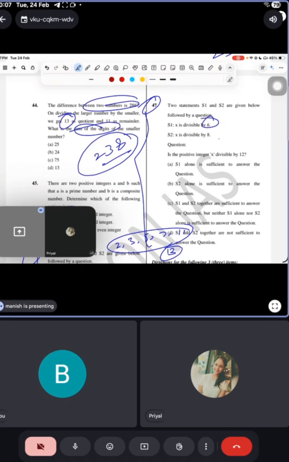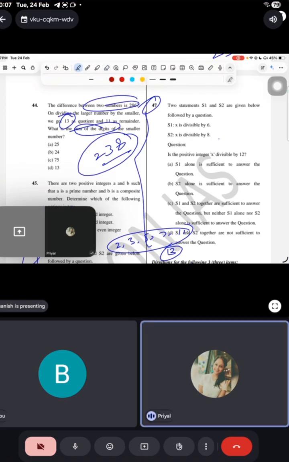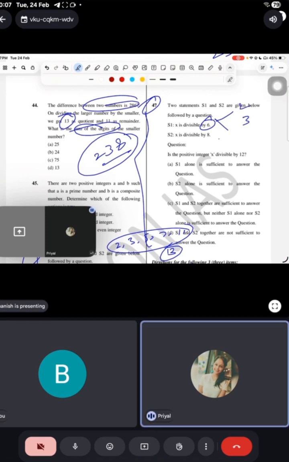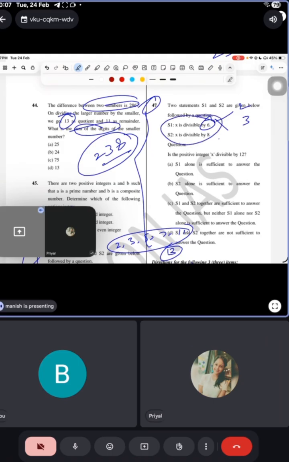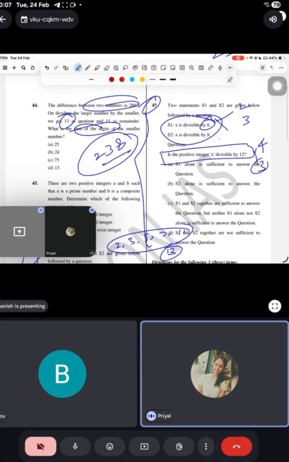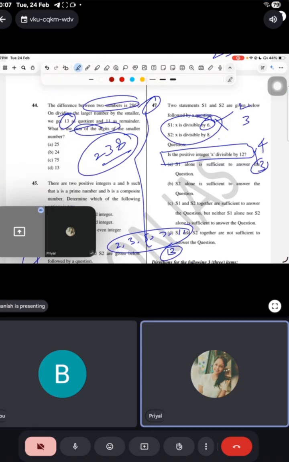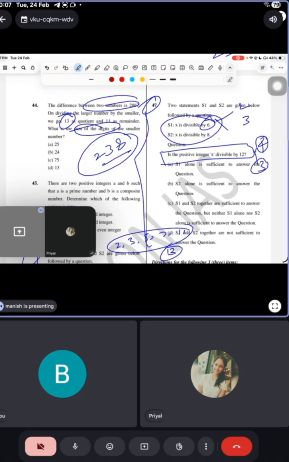We already know the divisibility rule of 12: the number should be divisible by 4 and 3. If a number is divisible by both 4 and 3, only then will that number be divisible by 12, guys.